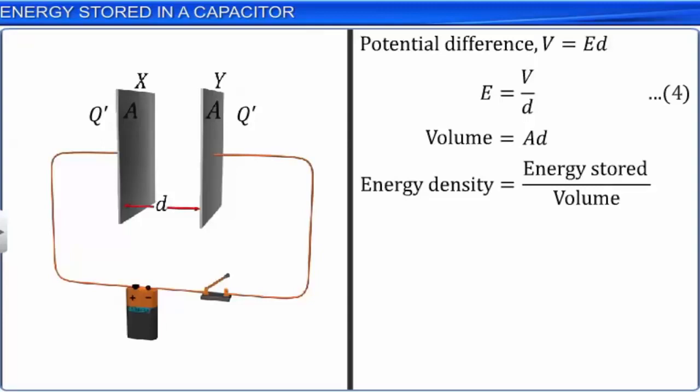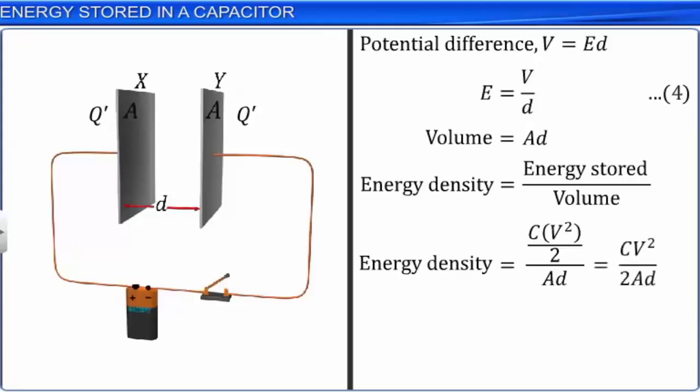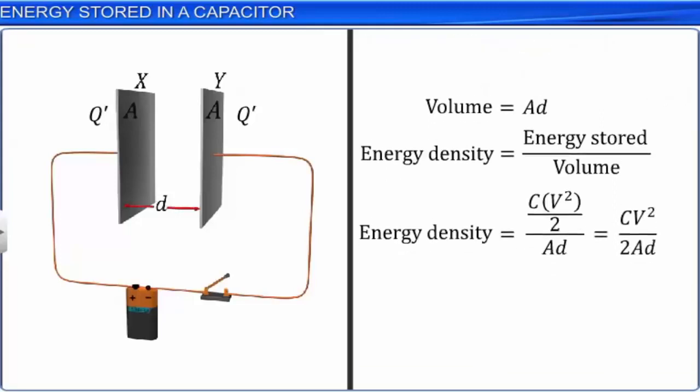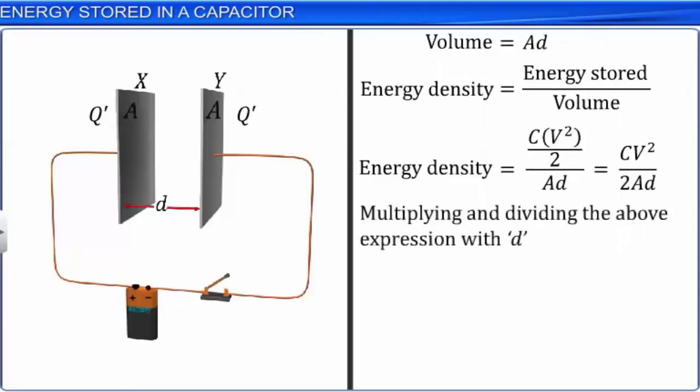This is equal to half CV squared divided by Ad, since the volume is equal to Ad, which is equal to CV squared by 2Ad. Multiplying and dividing the right-hand side of this expression by d, we get energy density is equal to half Cd/A into V squared by d squared. Let this be equation 5.